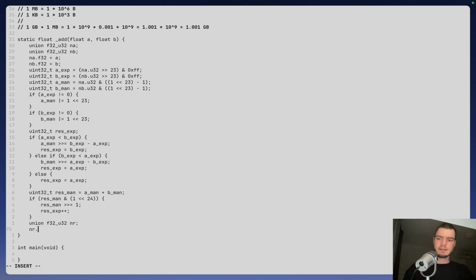And we're going to assign the following thing to the integer member. We're going to take our resulting exponent, shift it to the left by 23, and OR that with our resulting mantissa.